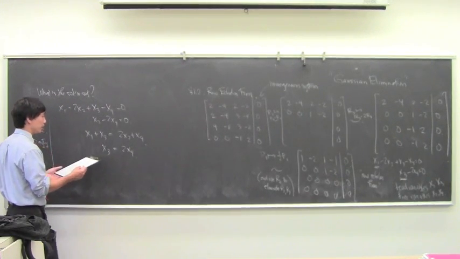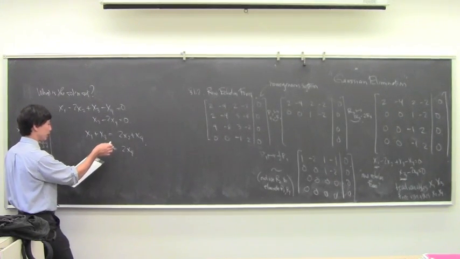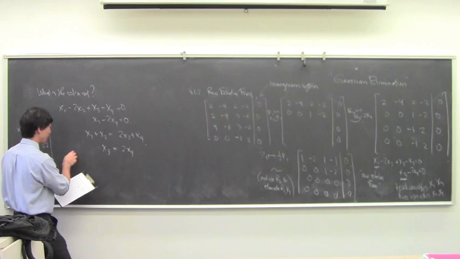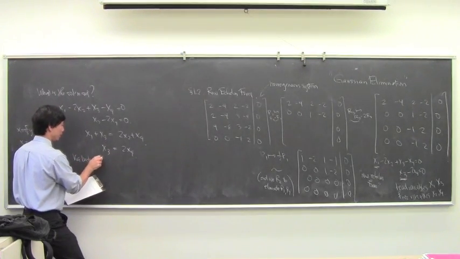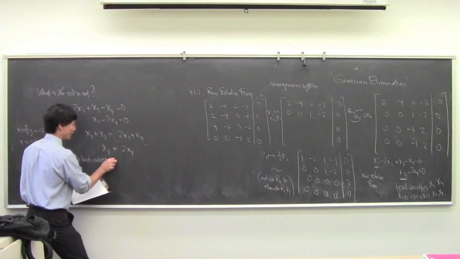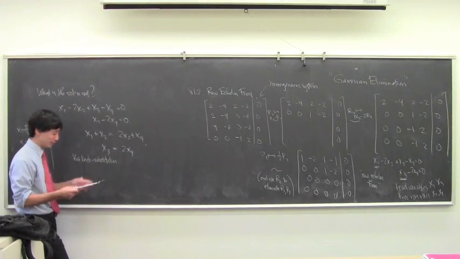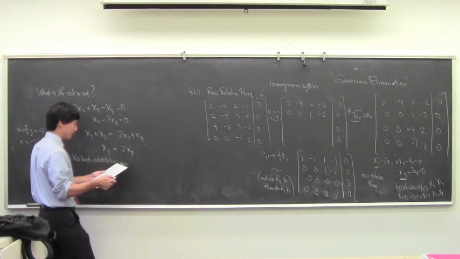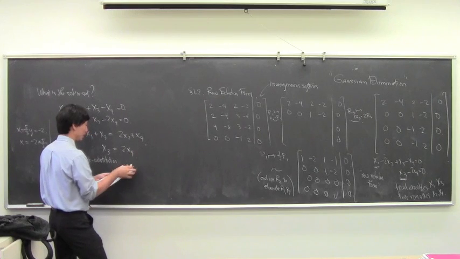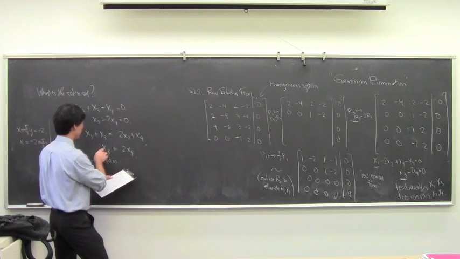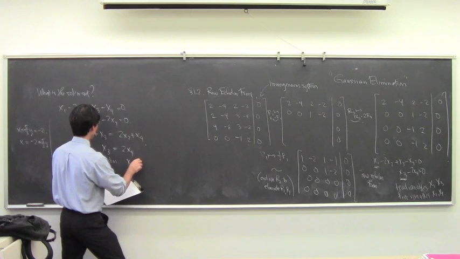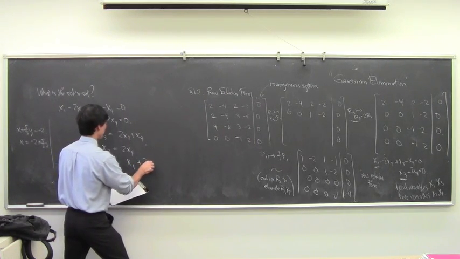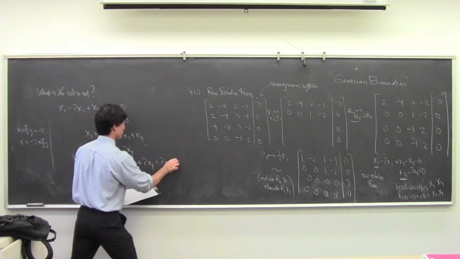So you see what you do. Via back substitution. Although I said I would never say it again, here I am saying the phrase back substitution. Sorry, I didn't think I would. Via back substitution, x1 plus 2x4 equals 2x2 plus x4.